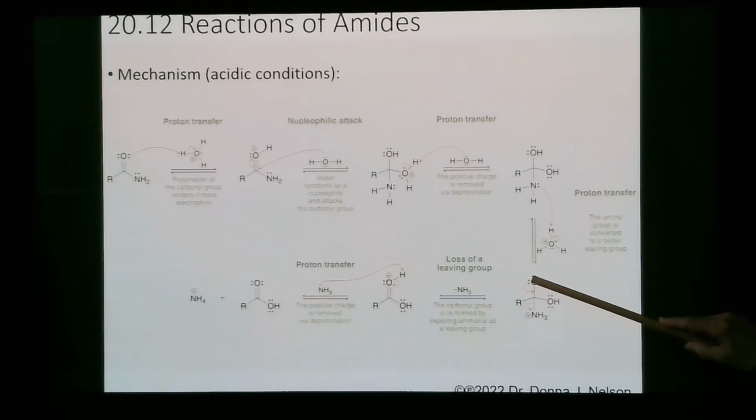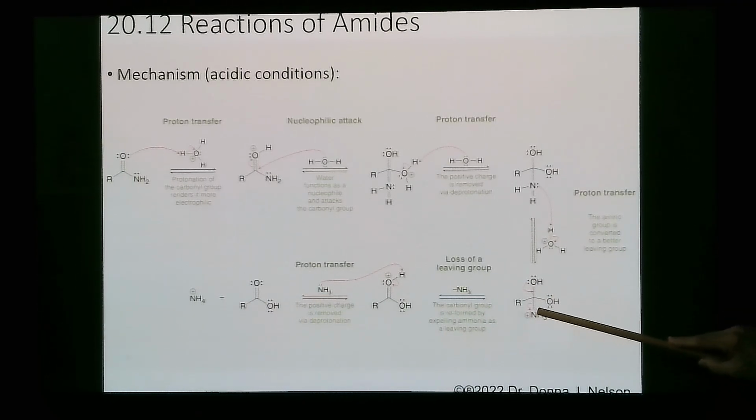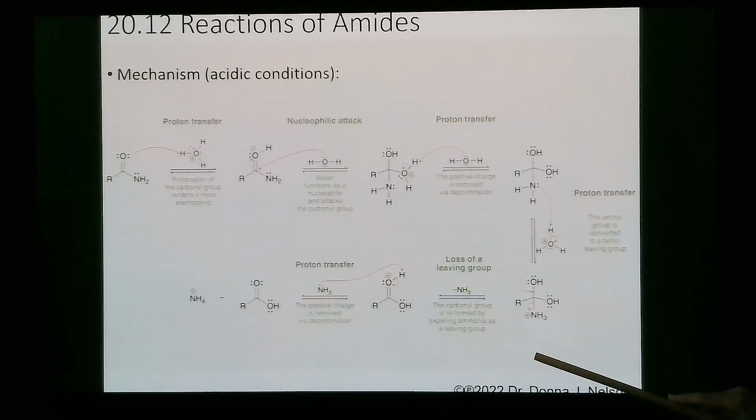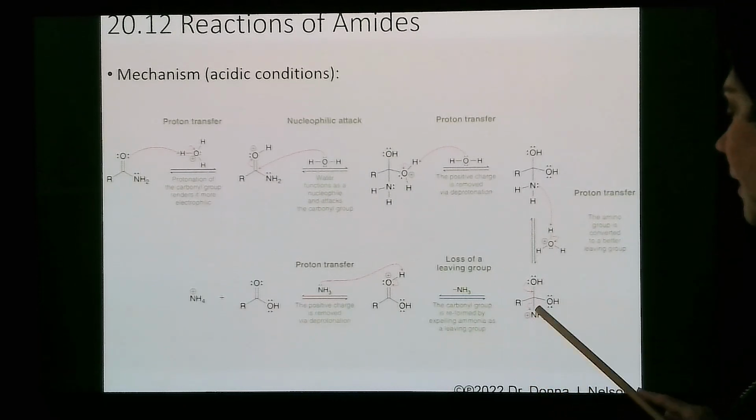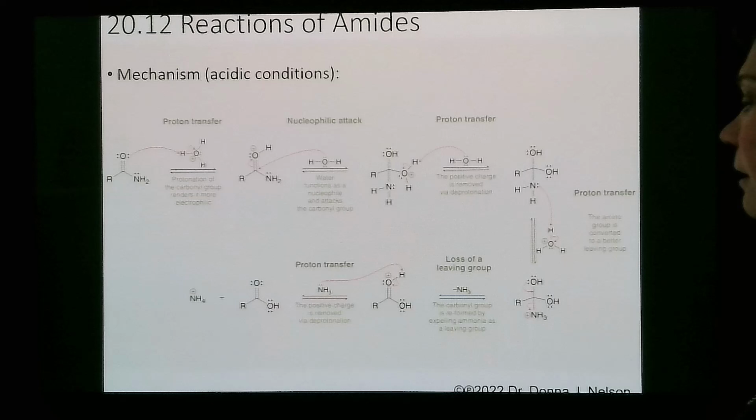A pair of electrons on oxygen moves back in, forms the pi bond, and that forces the NH3 off because carbon cannot have more than 4 bonds.